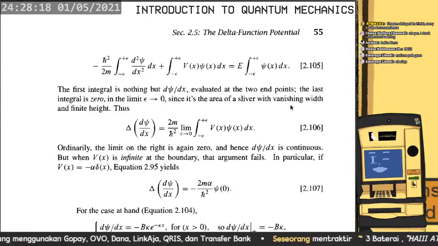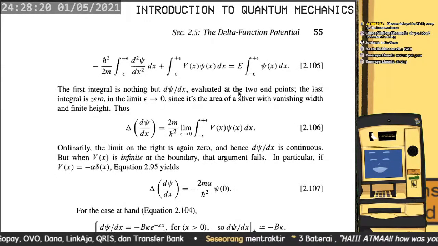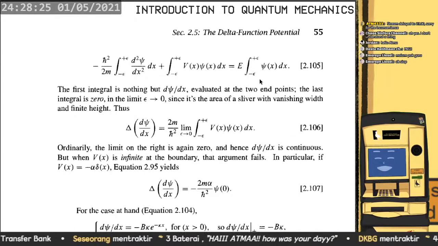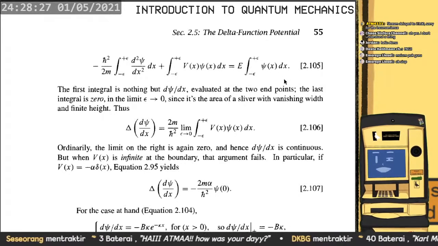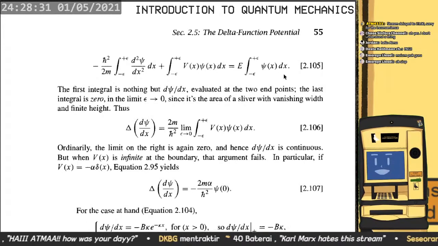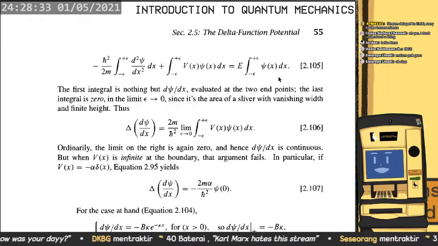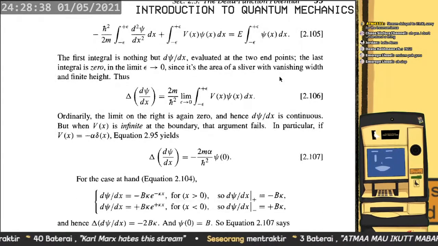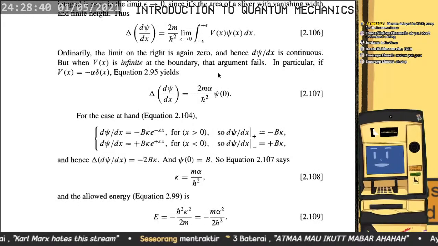The first integral is nothing but dψ/dx evaluated at the two endpoints. The last integral is 0 in the limit epsilon approaches 0, since it's the area of the sliver with vanishing width and finite height.